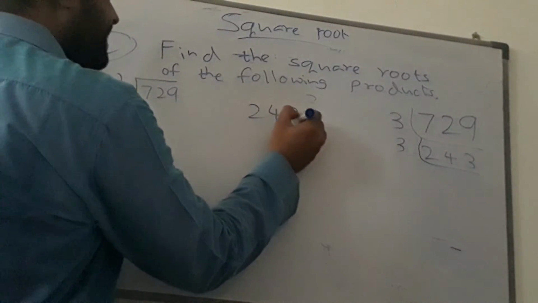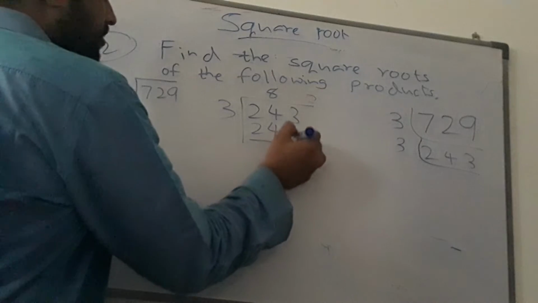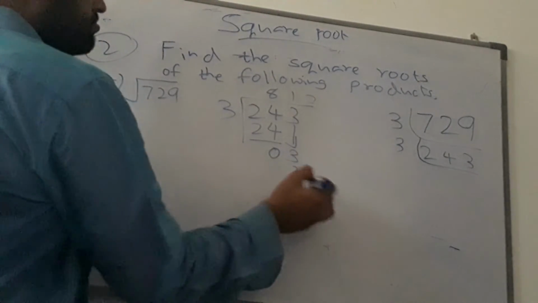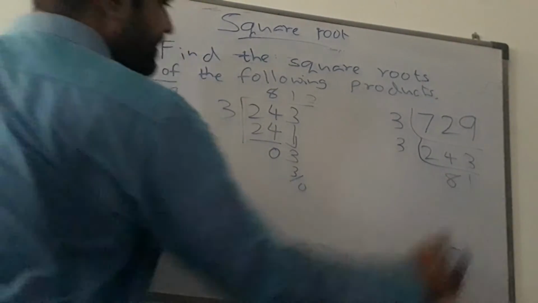If we divide 243 by 3, for 2 there is no 3, so 24 means 3 times 8. As there are no 3's in 2, we can combine 2 and 4 together as 24. How many 3's? 8. 8 times 3 is 24. 24 minus 24 means 0. Take 3 down. 3 times 1. Okay, so here the answer is 81.